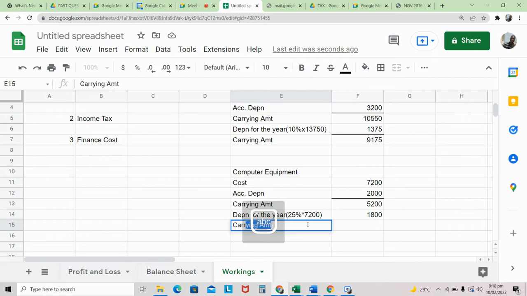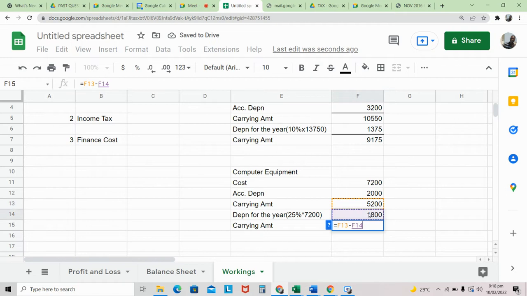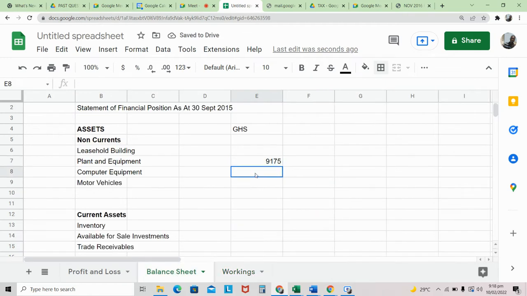So our carrying amount will be this minus this, 3,400. So you put your 3,400 here.